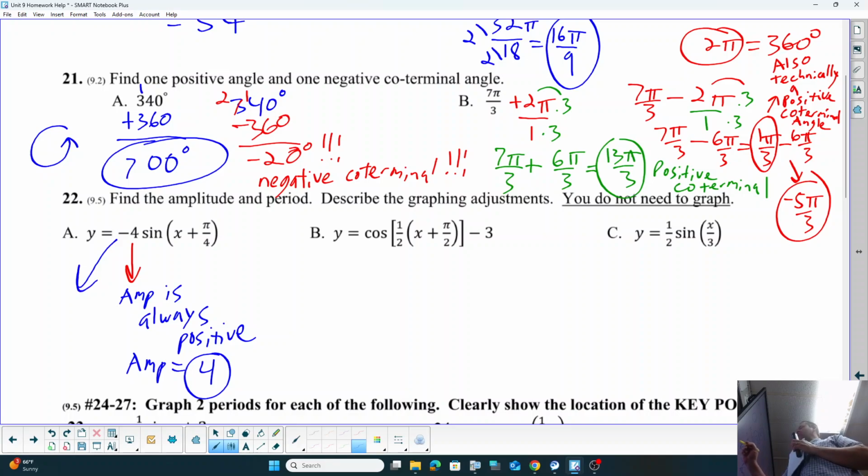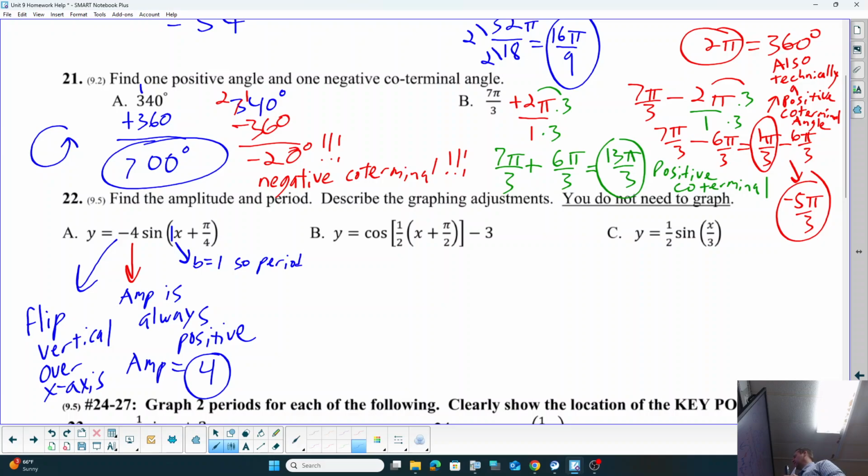So the negative just means to flip or transform. Flip vertically over the midline, or over the x-axis. Okay, upside down. Amplitude is 4. The period is just our b value equals 1, so the period is 2 pi over b.